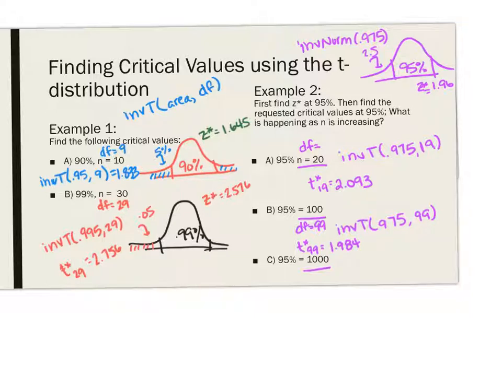Let's look at 1,000. So again, we're going to do inverse T. This time your degrees of freedom are 999. So 0.975, 999.